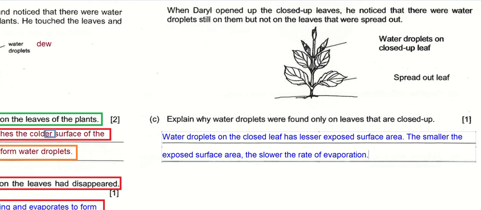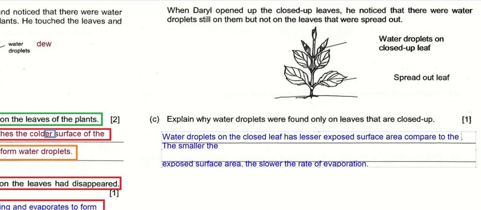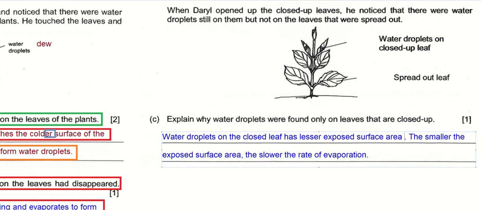So water droplets on the closed leaf have lesser exposed surface area compared to the one that is opened up. The smaller the exposed surface area, the slower the rate of evaporation.